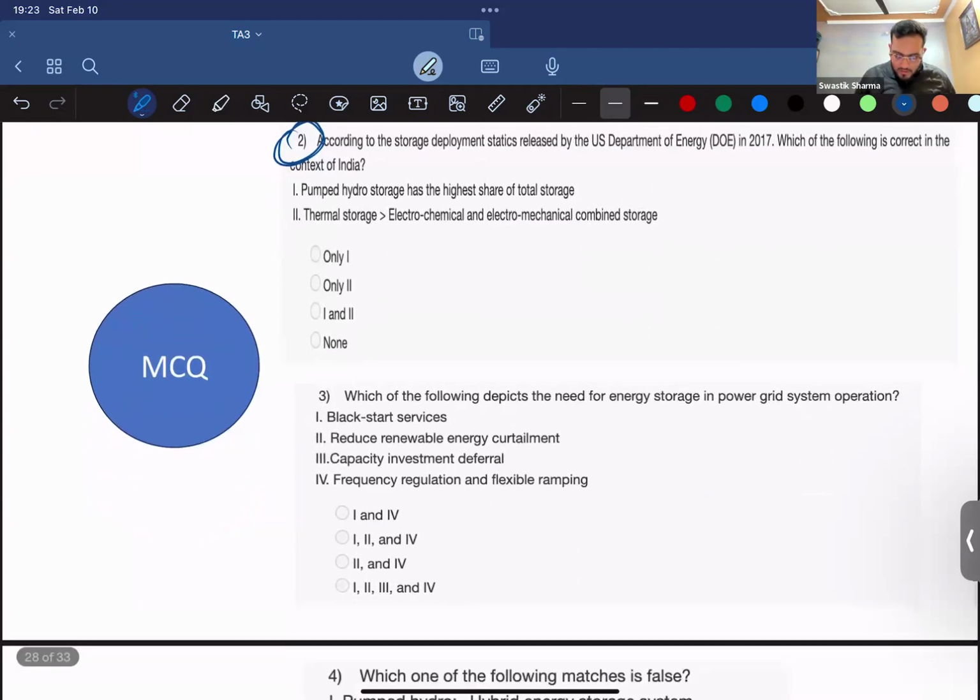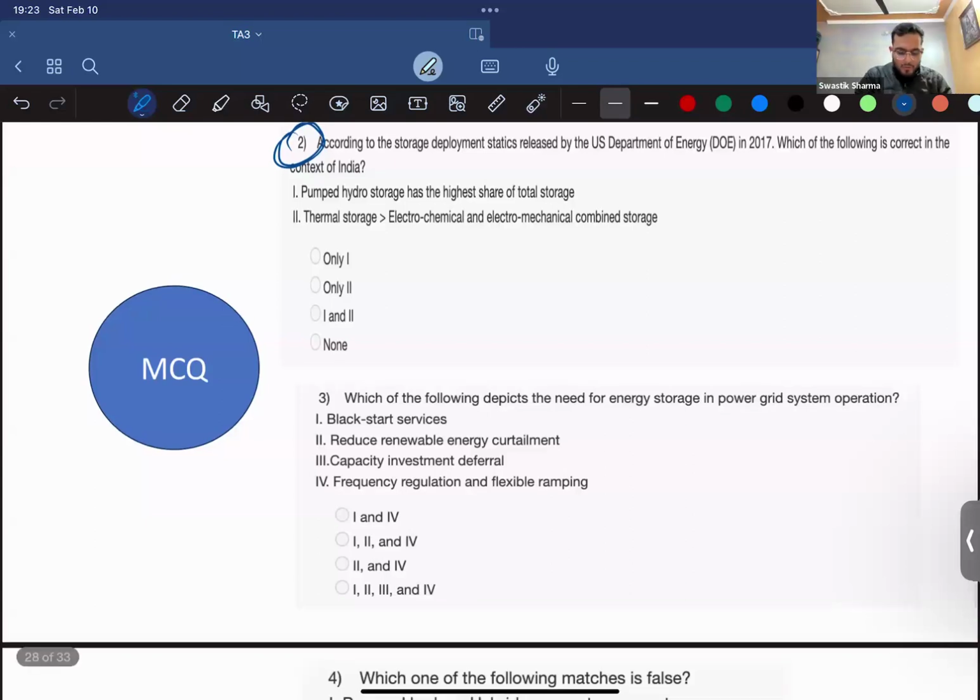So the third question: which of the following depicts the need of energy storage in power grid system operation? Yeah, this I covered in depth. If anyone can tell me the answer. Yes, sir, it would be one and two. So pumped hydro storage has the highest amount of storage as of now.